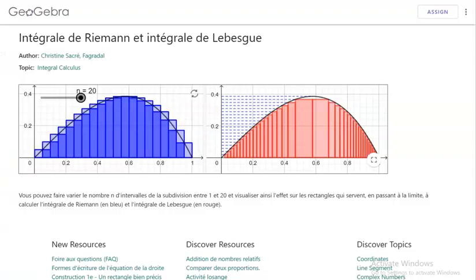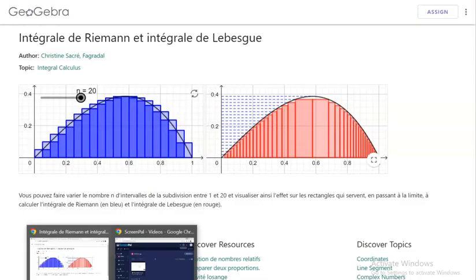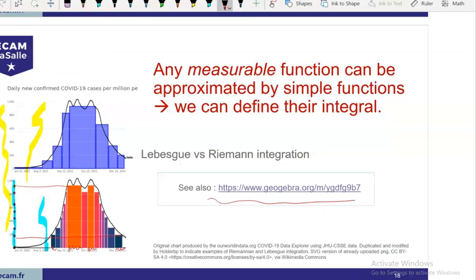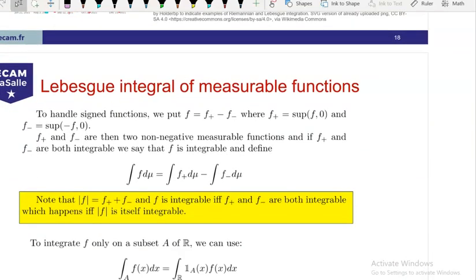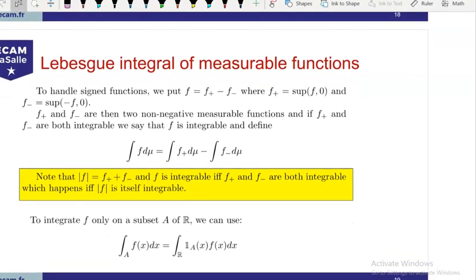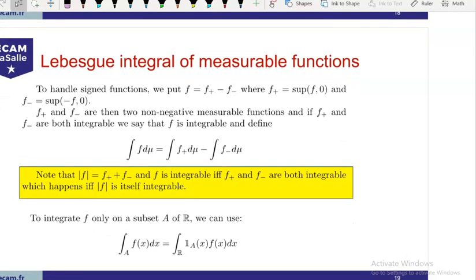Okay, so let's get back to this presentation, just to end with that. Now let's assume that you know that this integral is nicely constructed, and so we can take the integral of any kind of measurable function, as long as it is positive.